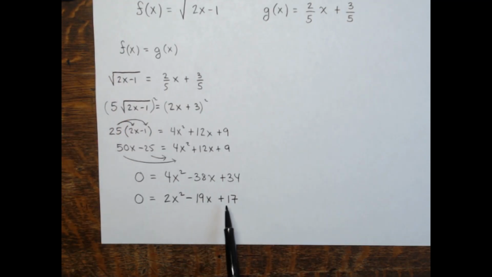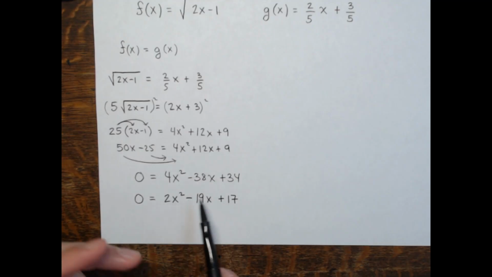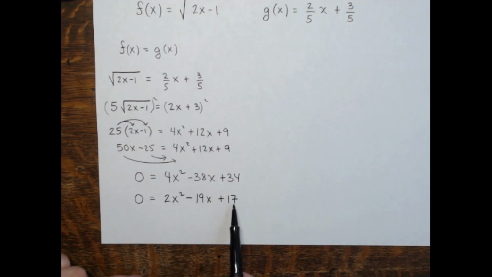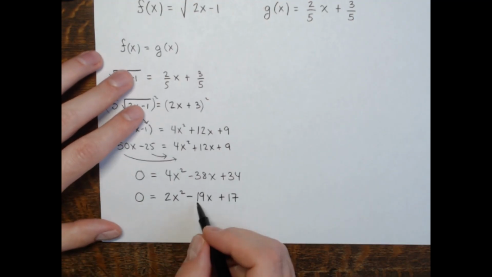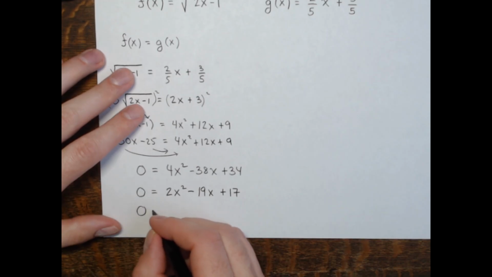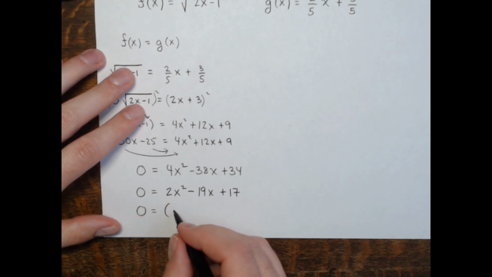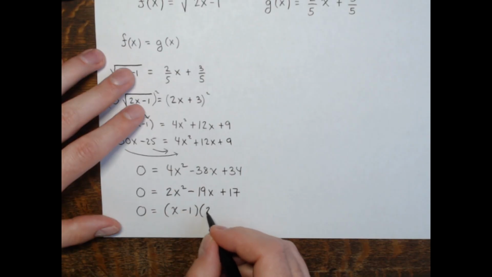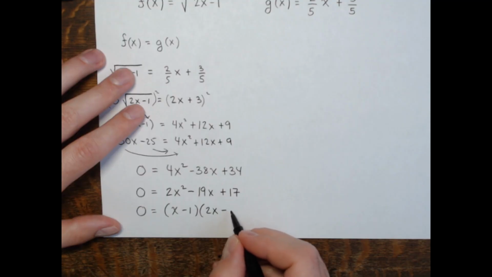And right there, 2 and 17, when I multiply, this is factorable. Or I can do that AC method. 2 times 17 is 34, and negative 2, negative 17 add up to negative 19. So I could factor this thing. This will factor to x minus 1 times 2x minus 17.